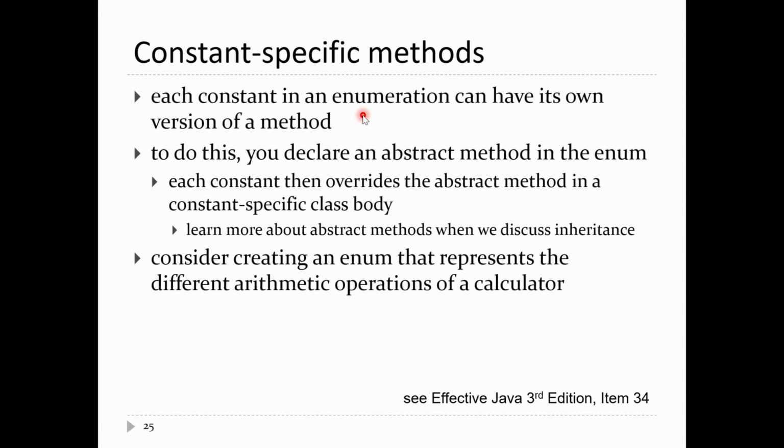All right, so they're just classes, so you can add your own methods. But it gets even fancier than that. Each one of your constants can have its own version of a particular method.